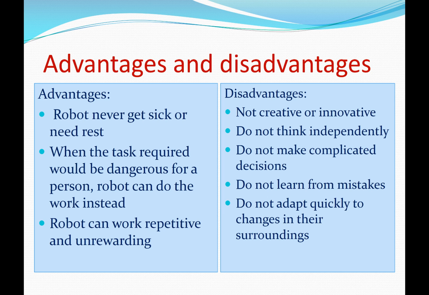Robots can also work in areas that are repetitive and unrewarding. That is probably the number one use for robots today, is repetitive work that is very unrewarding. McDonald's and a lot of fast food places in the U.S. are experimenting with robotic servers.